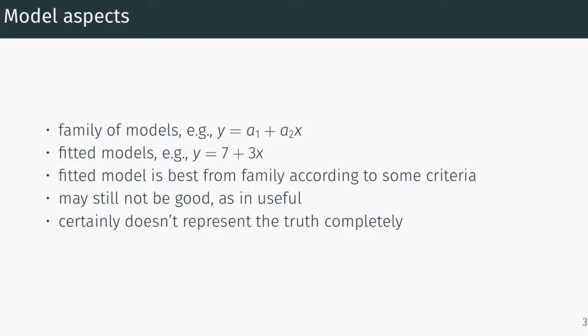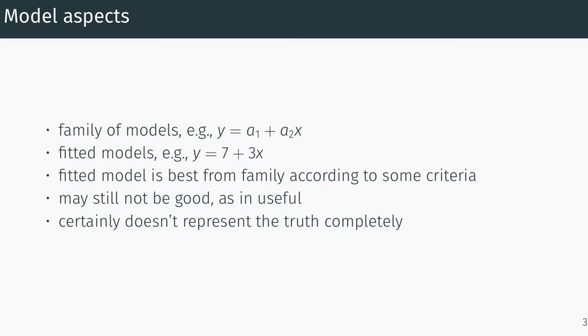There are a number of aspects of models that we have to familiarize ourselves with. The first is the family of models that we're talking about. We're mostly going to be talking about linear models here. The family of models can be described as y equals beta naught plus beta 1x, or in the terminology used in this textbook, y equals a1 plus a2x.